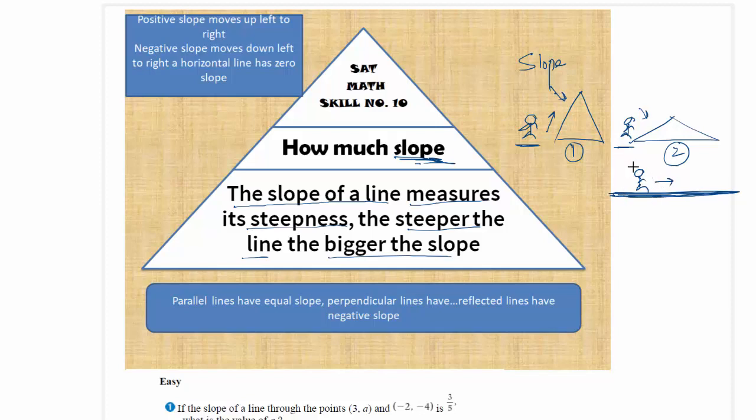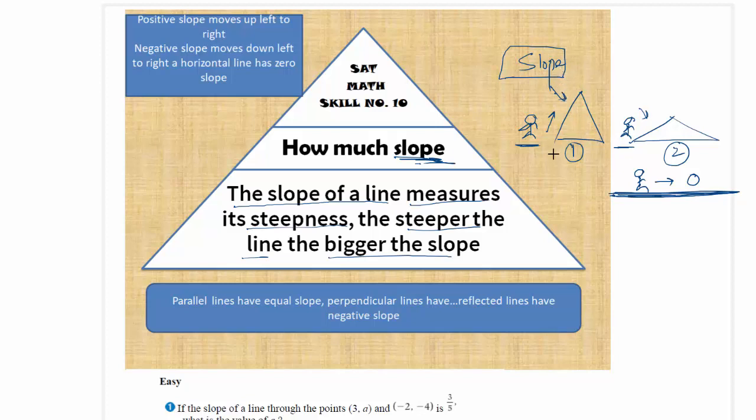So when you move on plain ground, there's no slope, so we can say the slope is 0. But when you move from left to right up the mountain, you have a slope. The more the steepness, the more the slope. The less the steepness, the less the slope.